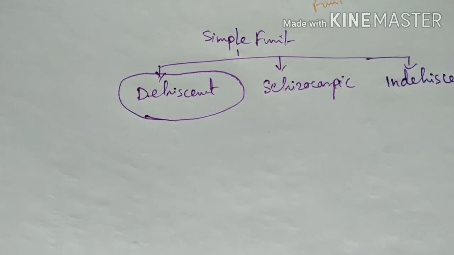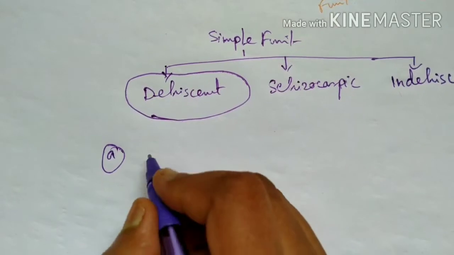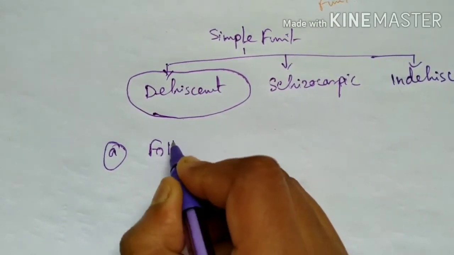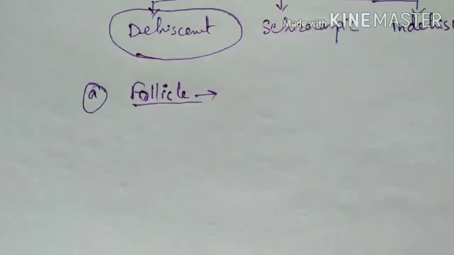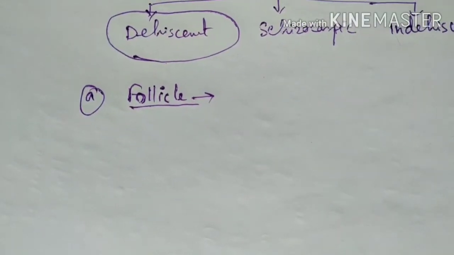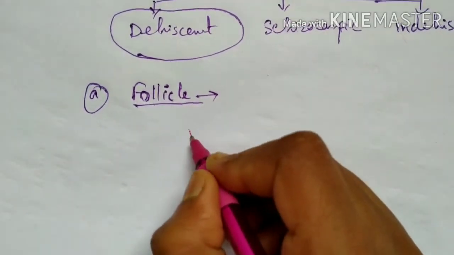First is the follicle type. Follicle type fruit develops from a superior monocarpellary flower.